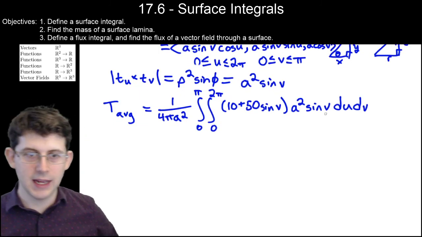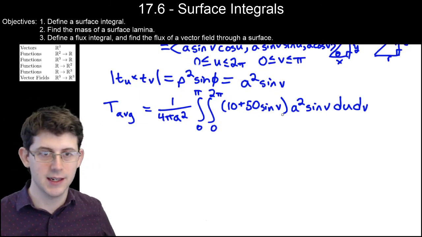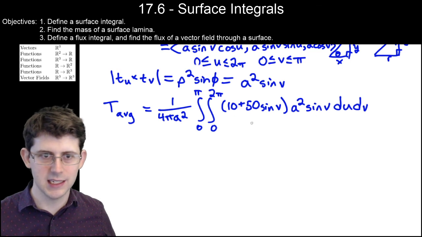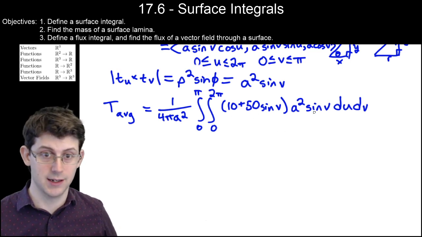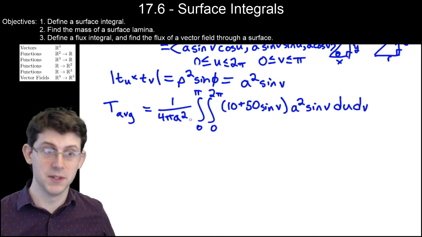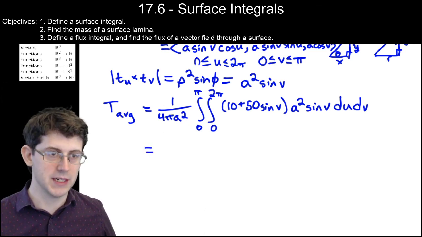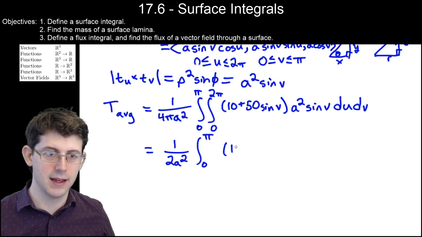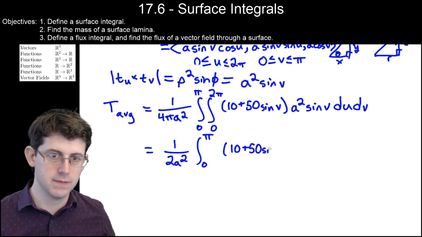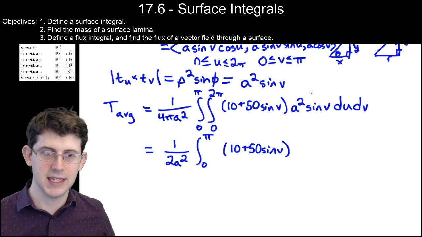Okay, looks like I'm going to have a sine squared v integral, but the first integral is a lot easier. The inner integral is a u integral, and there's no u's in here. So this integral just multiplies by 2 pi, which means I cancel the pi and cancel one of these, half of this 4, and I have 2a squared, and then I just have the v integral remaining. Wait, this a squared is a constant.